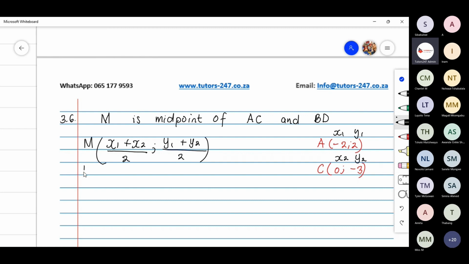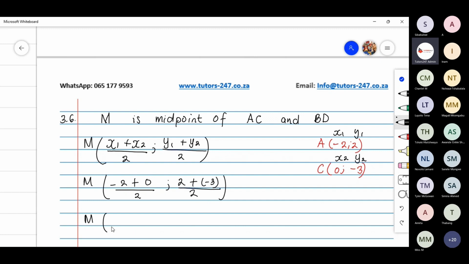From there, we substitute x1, which is -2, plus x2, which is 0, all over 2, and then y1, which is 2, plus y2, which is -3, all over 2.